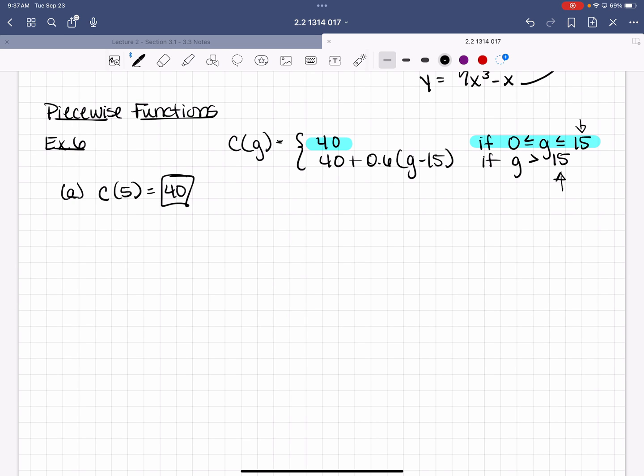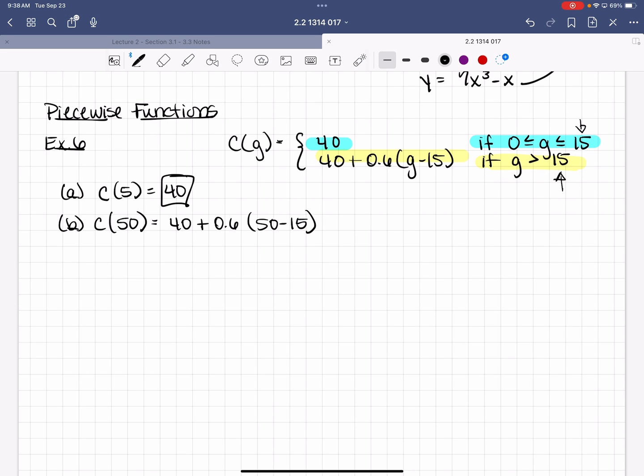It is. Okay. It's a little harder on B, because on B, we have C of 50. Does it fall on the top or the bottom? Bottom, because this says if G is greater than 15, and G is 50. So I need to use this formula right here. So C of 50 is going to equal 40 plus 0.6 times 50 minus 15.